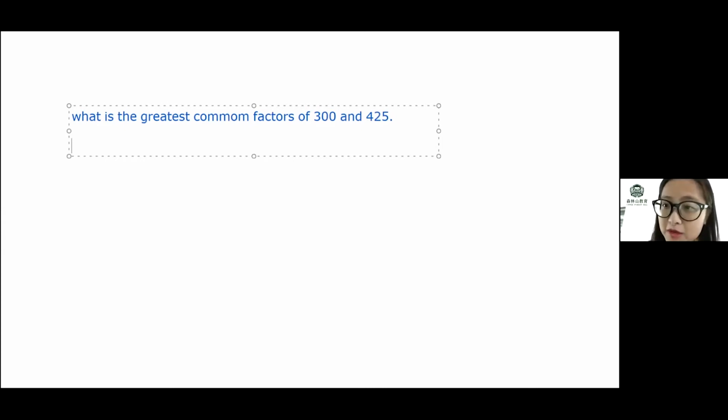For example, the factors of 6 can be 1, 2, 3, and 6, because 1 times 6 is 6, and 2 times 3 is 6.